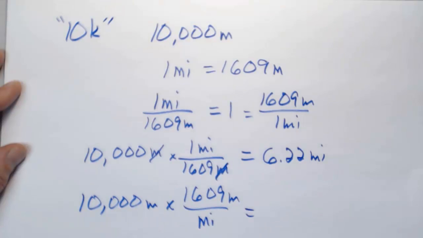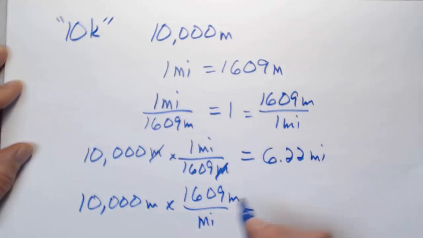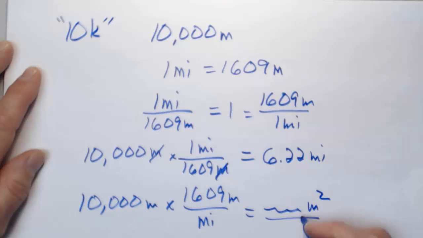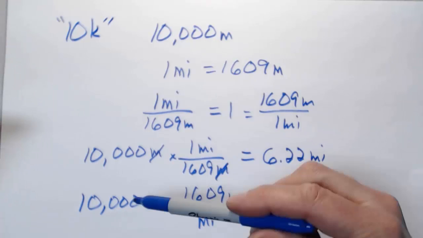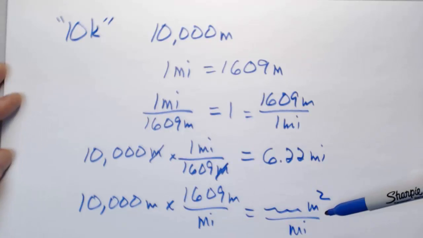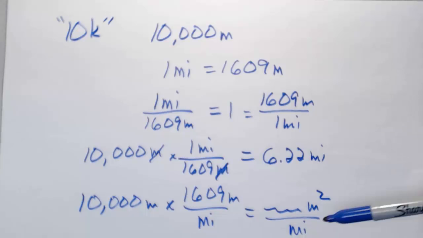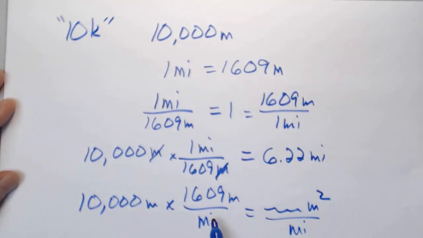10,000 times 1,609 would be a big number, but I'd also get meters squared on top and miles on the bottom. So I didn't get rid of the meters, I actually end up squaring them. And by keeping track of the units here at every step in the process, I can see that that's going to be wrong.